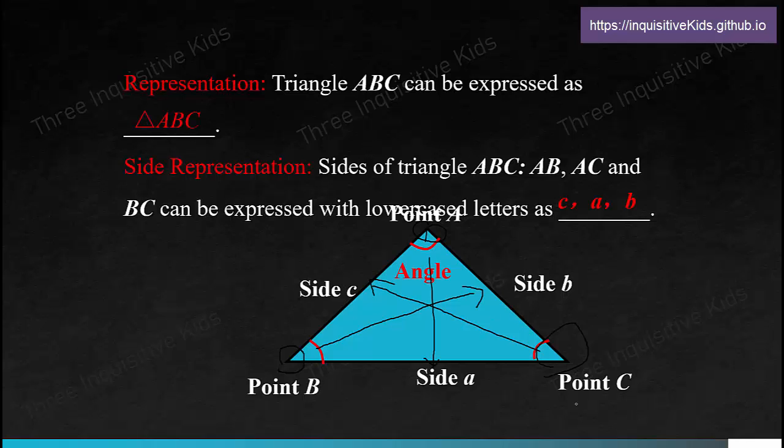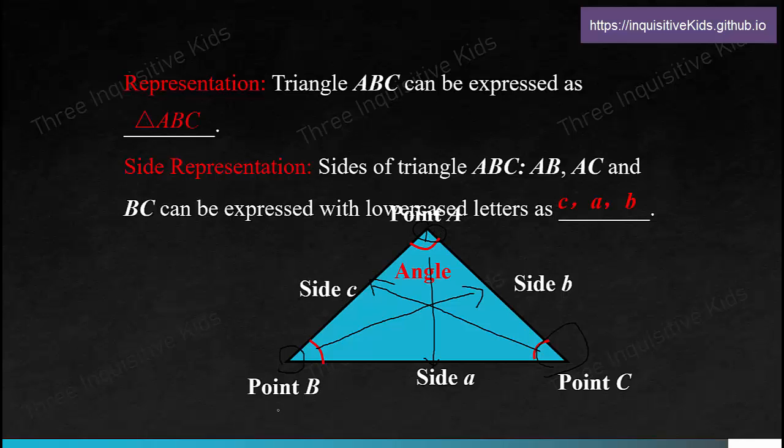Now, since this is point C, the opposite side facing it has to be side c. The opposite side facing point B is side b, and the opposite side facing point A is side a.